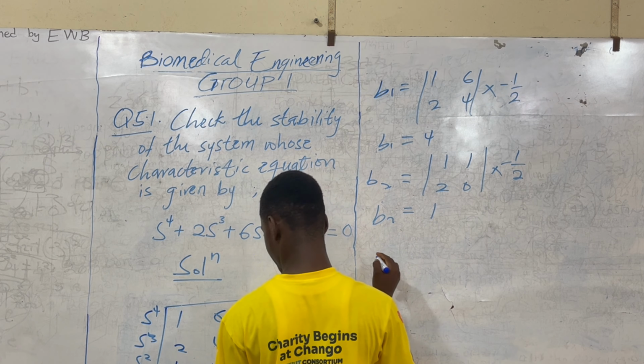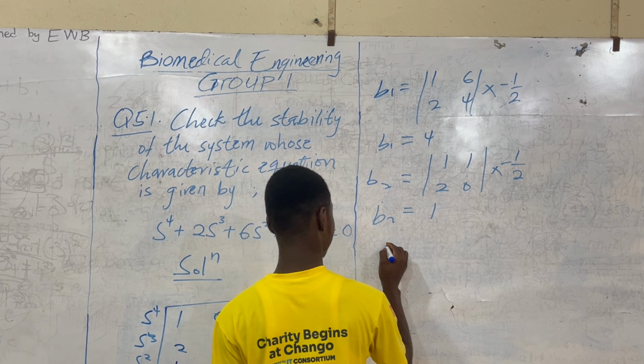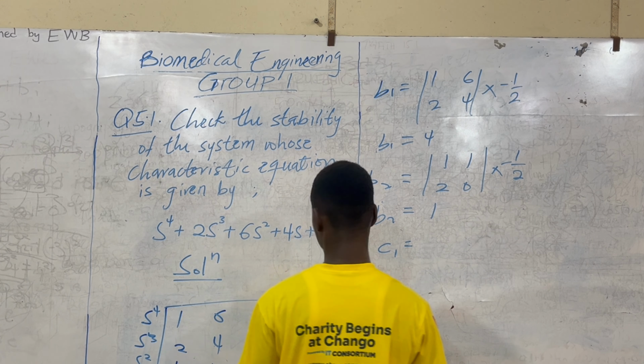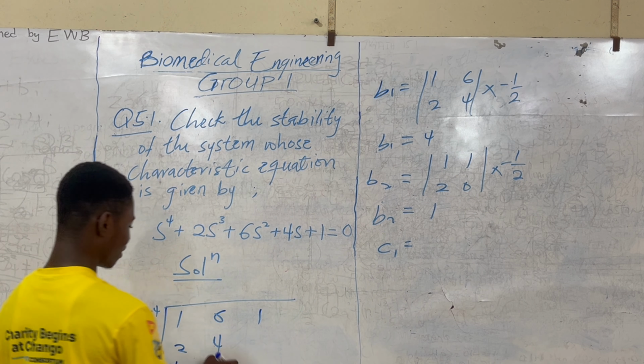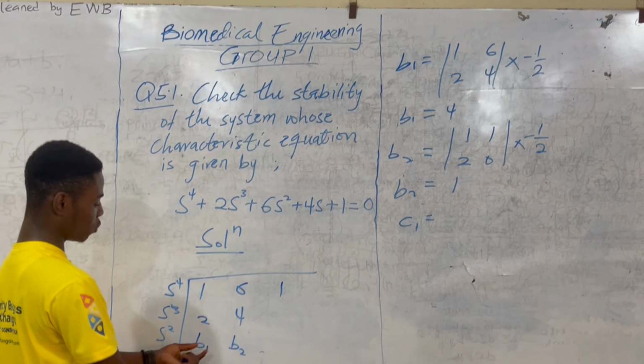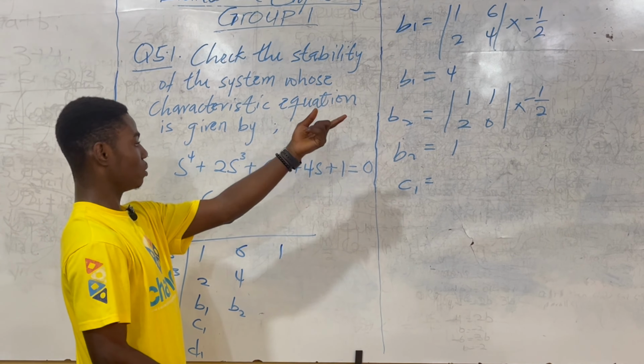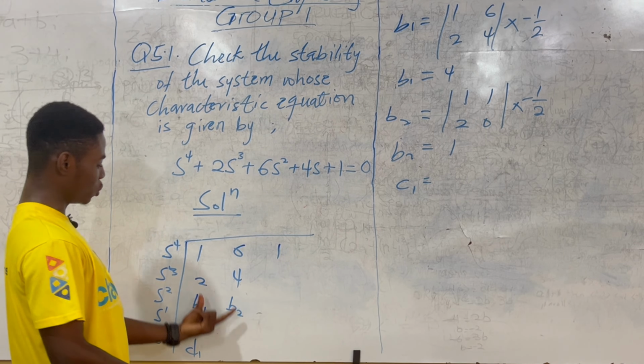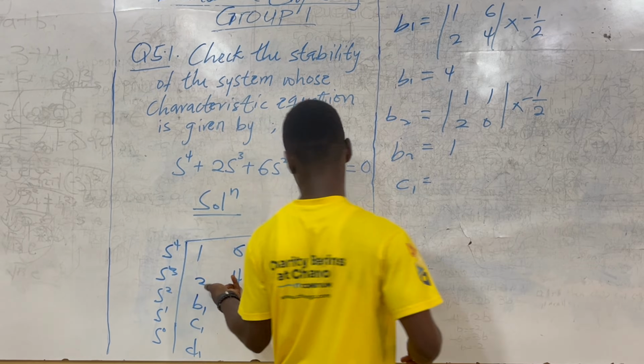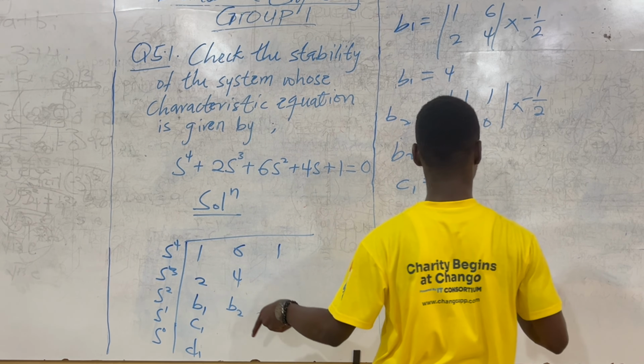Then solving for c1, it is going to be the determinant of whatever matrix will be formed over here. We have our b1 and b2 by solving this, so we are going to use that together with this row's elements to solve for our c1.